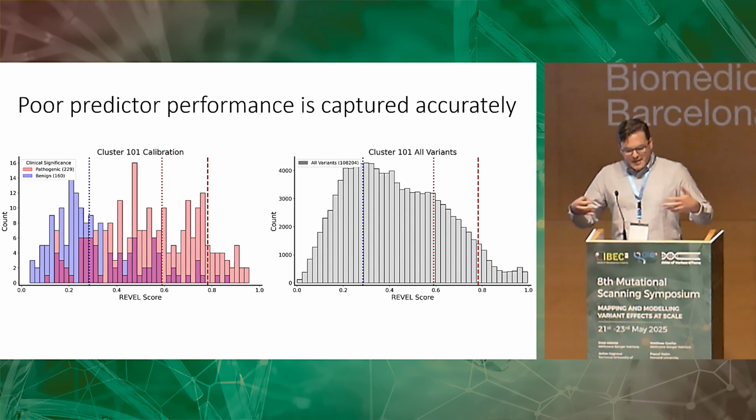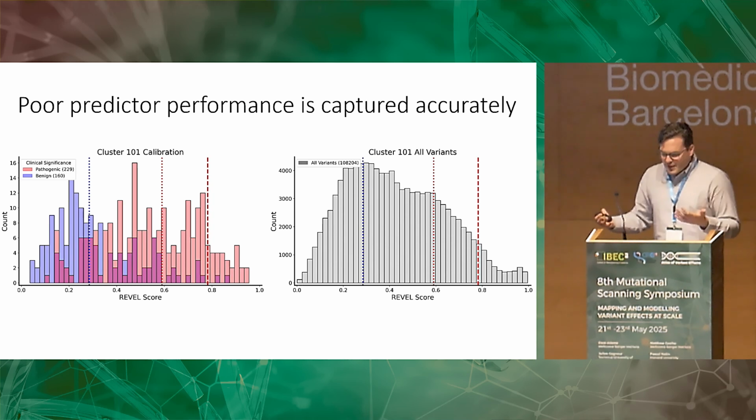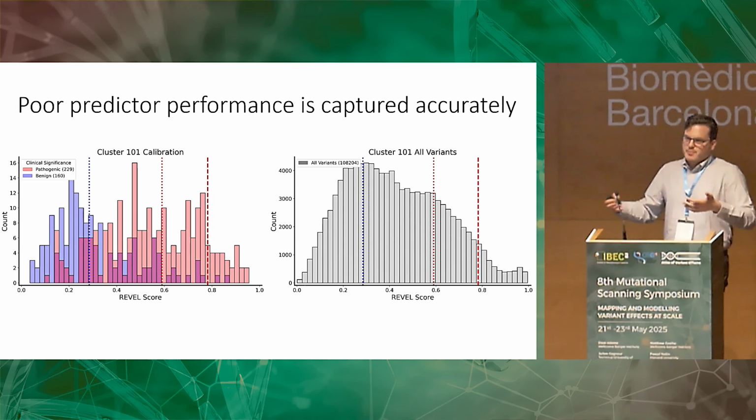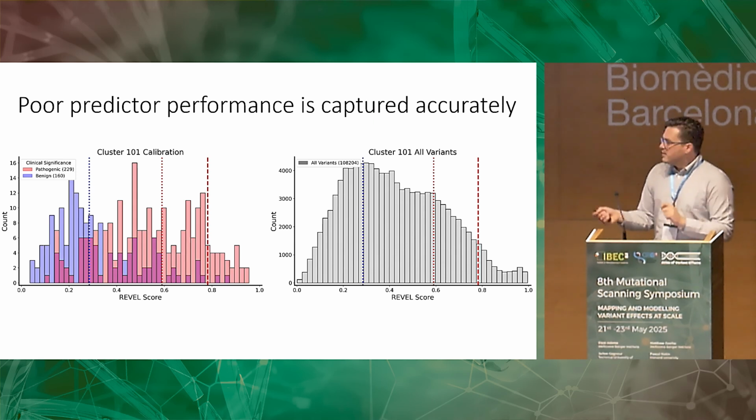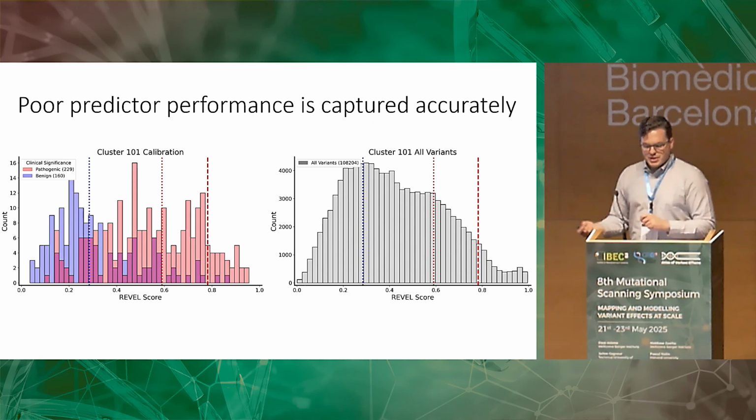But that just goes to show that when we apply this approach, we're not trying to improve a predictor's performance. We're just trying to more accurately represent what the predictions mean for a given gene.